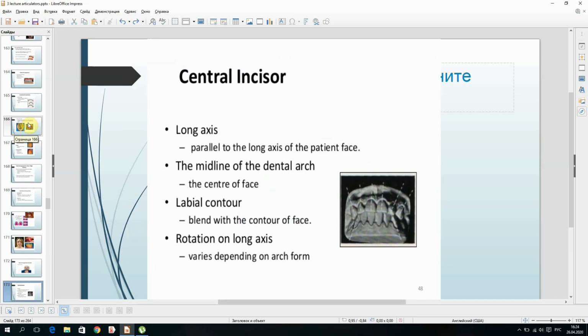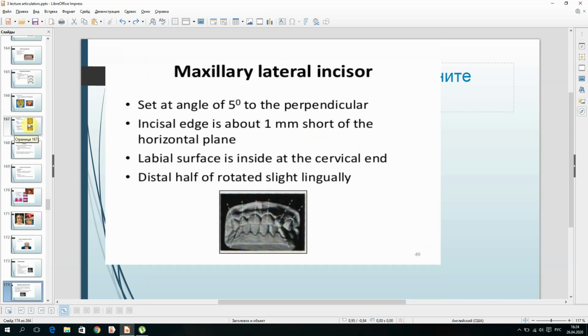Central incisor: long axis parallel to the long axis of the patient's face, the midline of the dental arch at the center of the face, labial contour blending with the contour of the face.